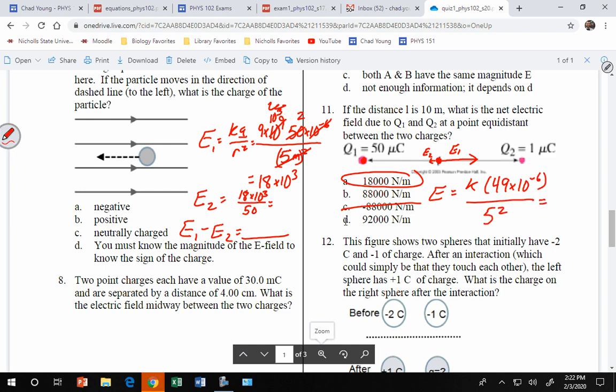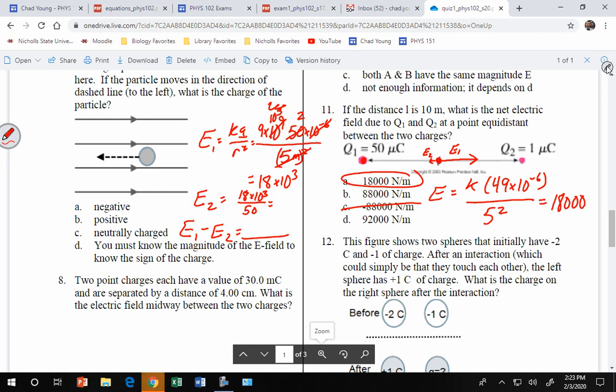And then that would give me my answer, which would be about 18,000, something less. You see what I did there? I subtracted the two charges. That only works if it's equidistant, which happens frequently in the exams. It's just a way to make the math a little easier, but still test you on the physics.